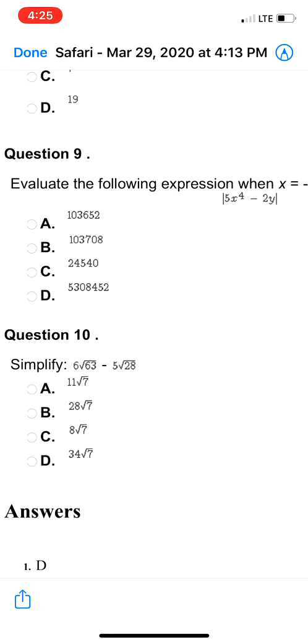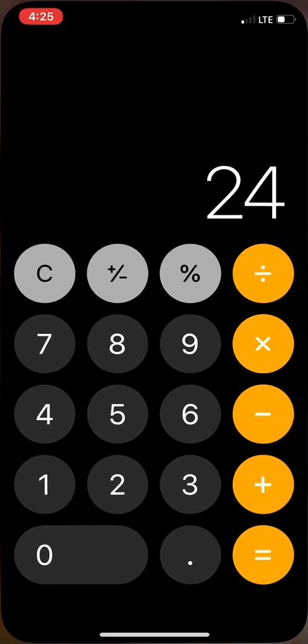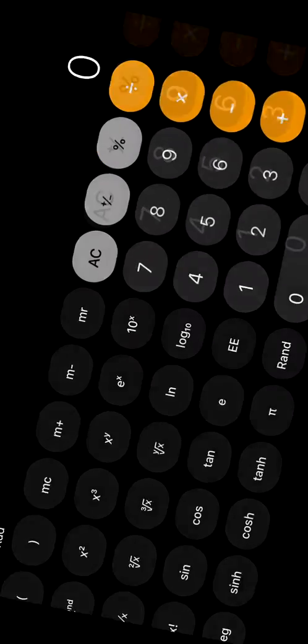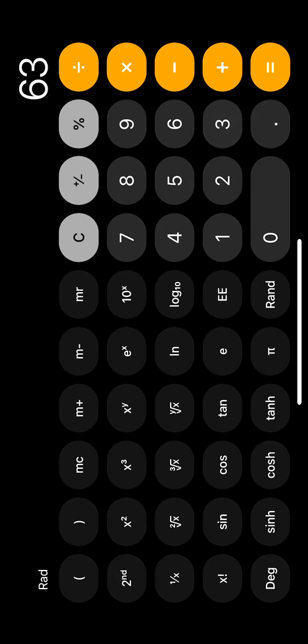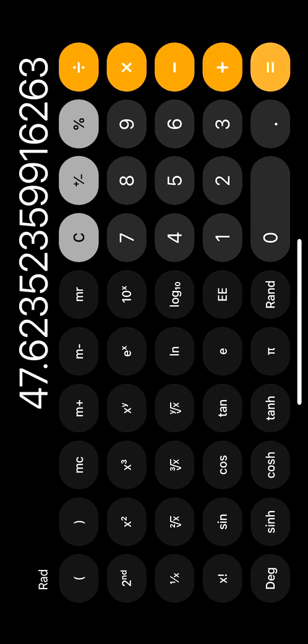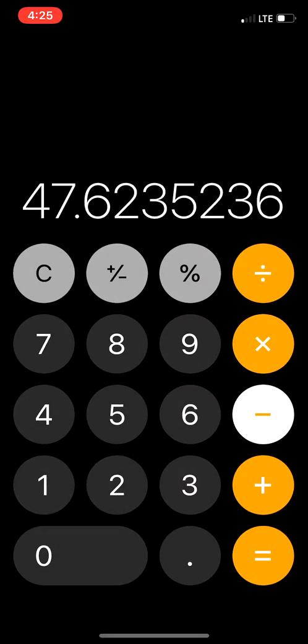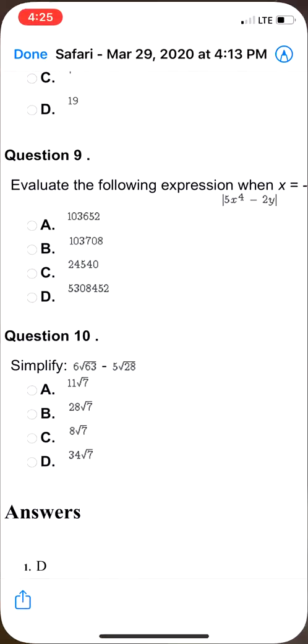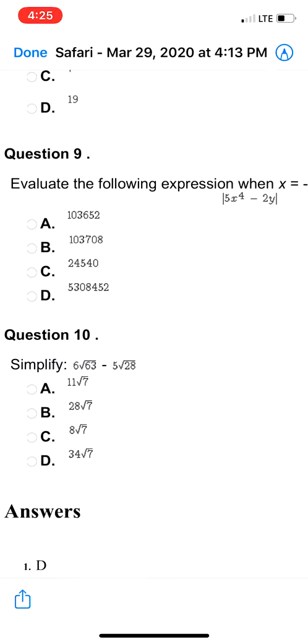You have the square root of 63 times 6. Minus, what is the other one? The square root of 28 times 5.